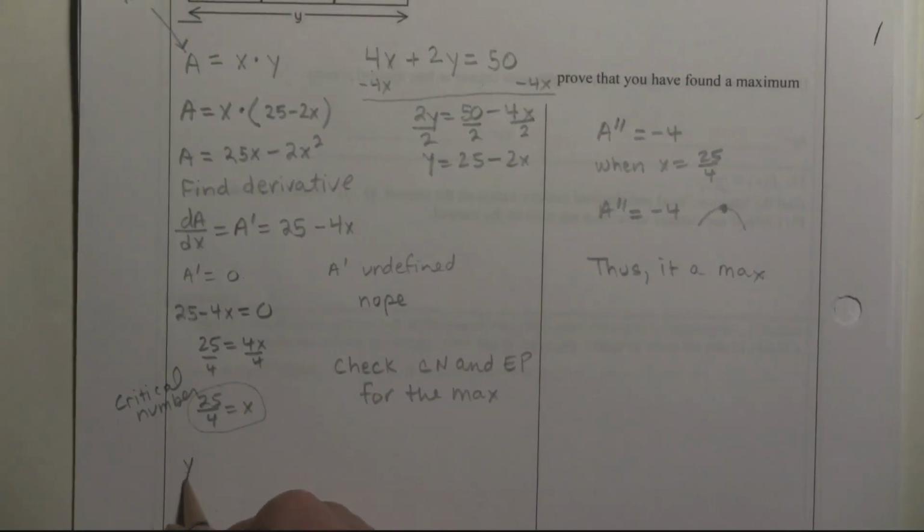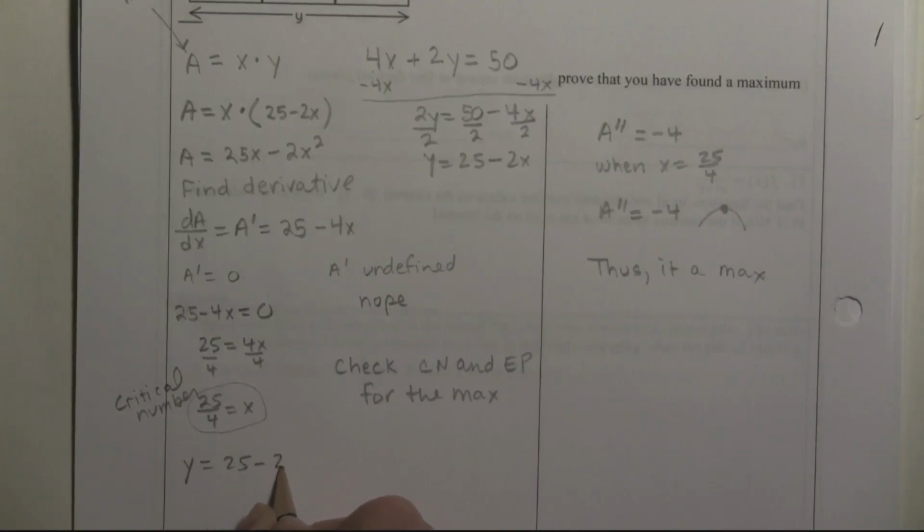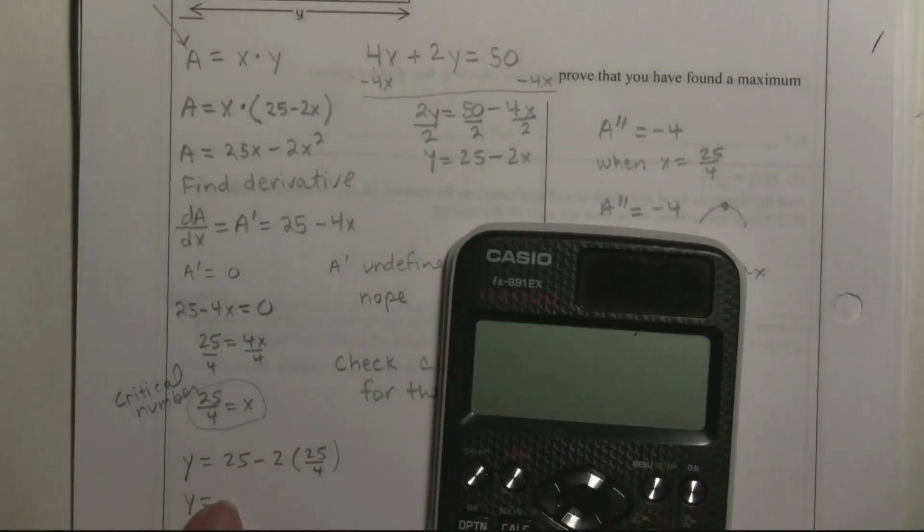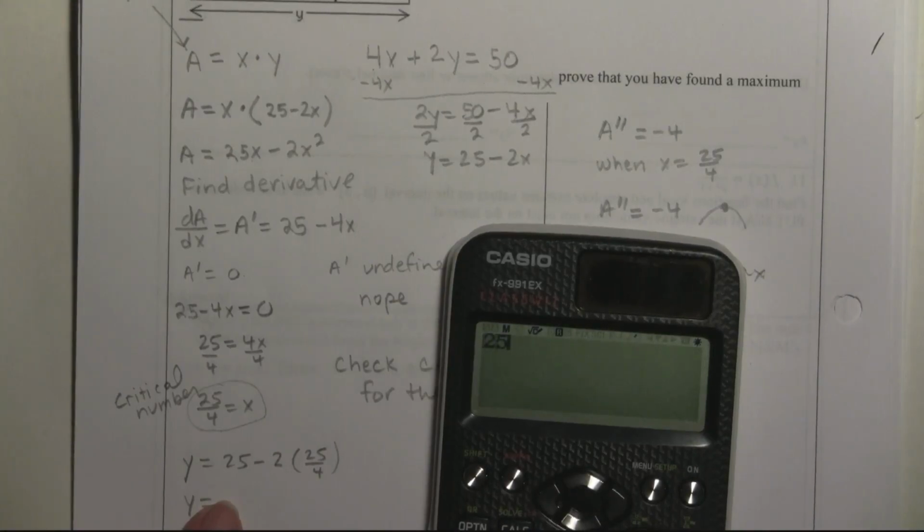And how I find y is back in that equation. Y equals 25 minus 2x. Well, x was 25 over 4. So y equals, and I'm just going to get my calculator out, 25 minus 2 times 25 over 4.